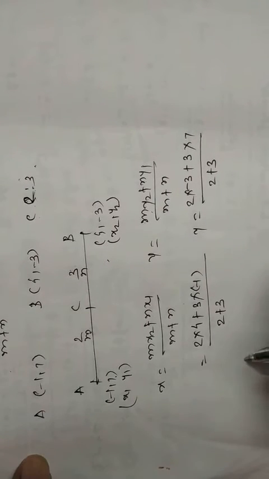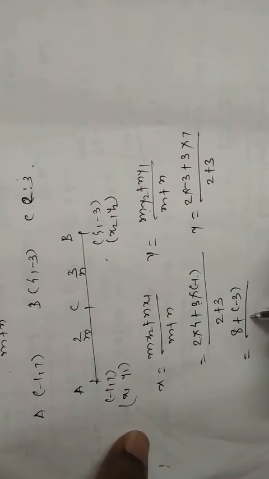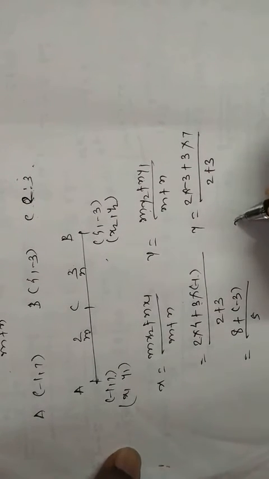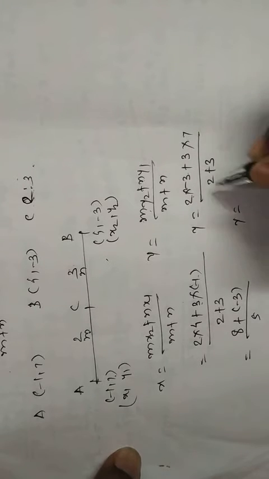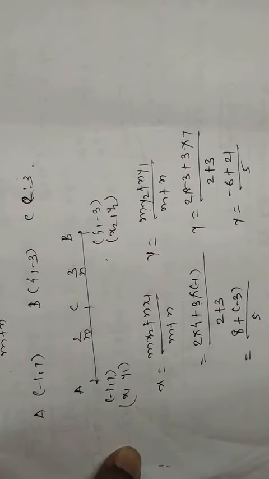Now you can solve. 2 into 4 is 8, 3 into -1 is -3, upon 2 plus 3, that is 5. Similarly for y, 2 into -3 is -6, 7 into 3 is 21, upon 5.